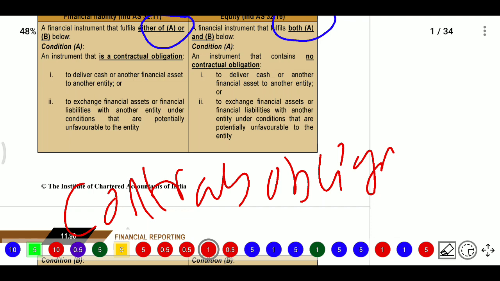Or to exchange financial assets or financial liabilities with another entity under conditions that are potentially unfavorable to the entity. That is also a contractual obligation.